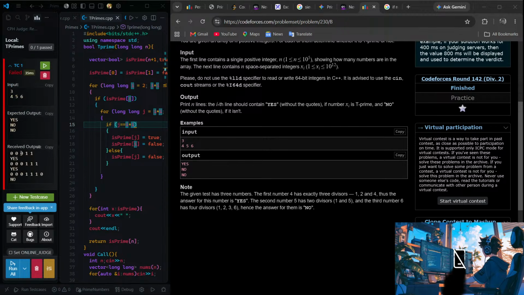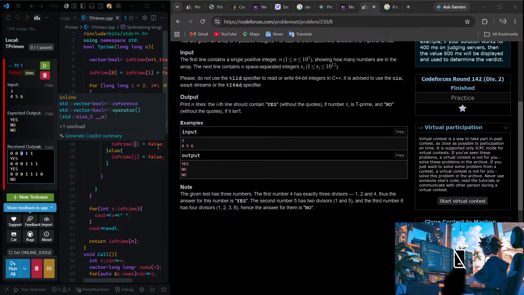Yes, yes, no. I will see that 2 is prime. Basically, 2 is prime, so whatever element is present, I will mark it as false. And I will say this is basically a T-prime. So 4 is a T-prime, right?